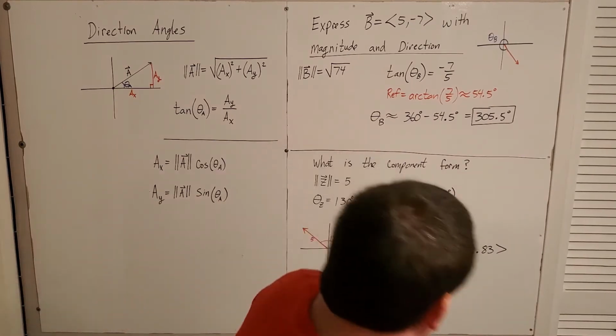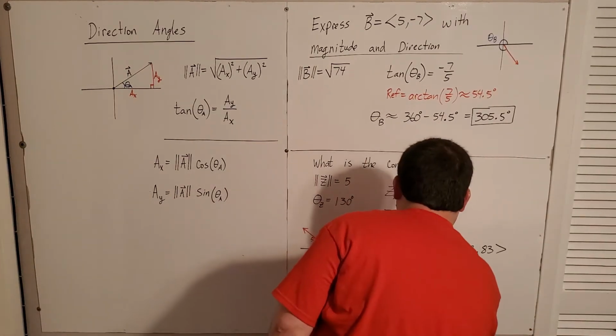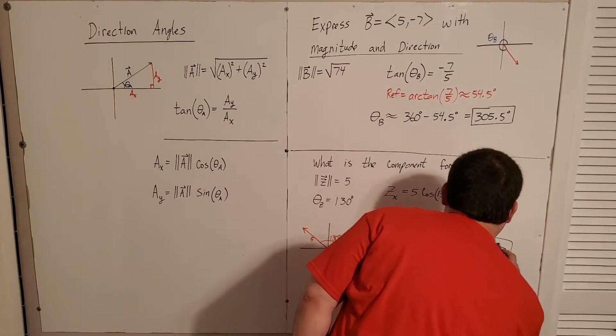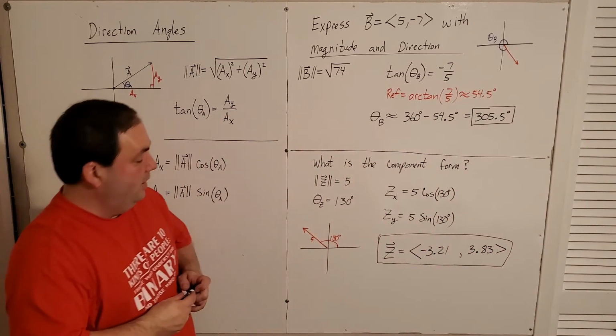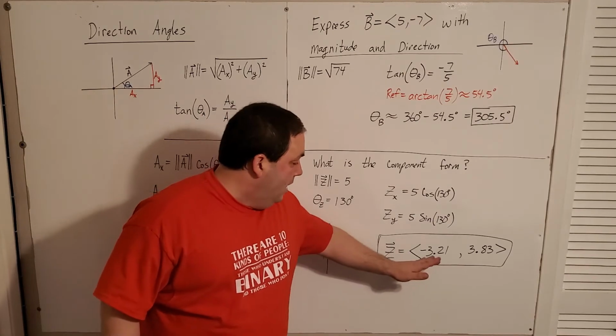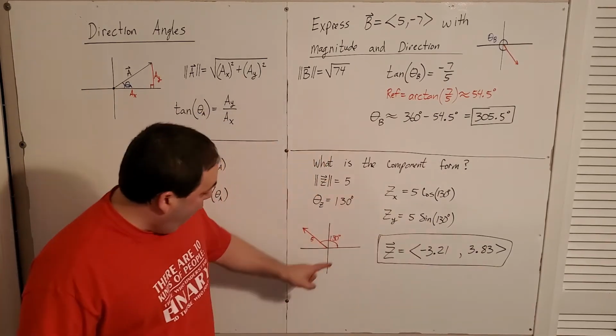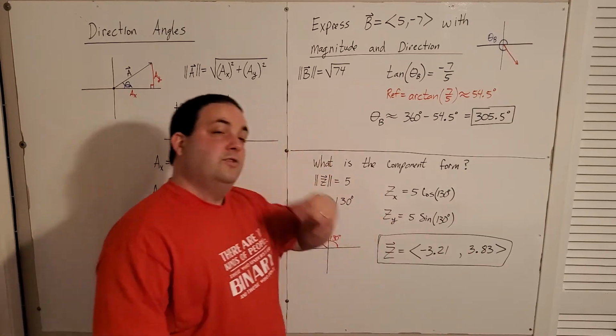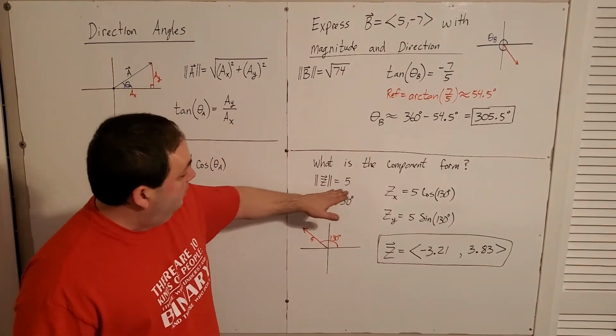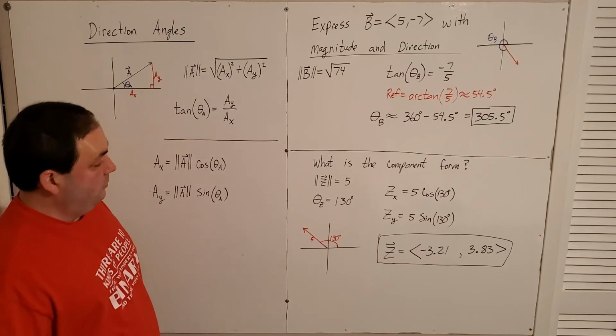Okay? So this would be my z vector. Notice how just punching in the calculations automatically gave me a negative x and a positive y. Negative x and a positive y. And if you square those two and add them together and square root again, you will get the length of 5 again. Okay?